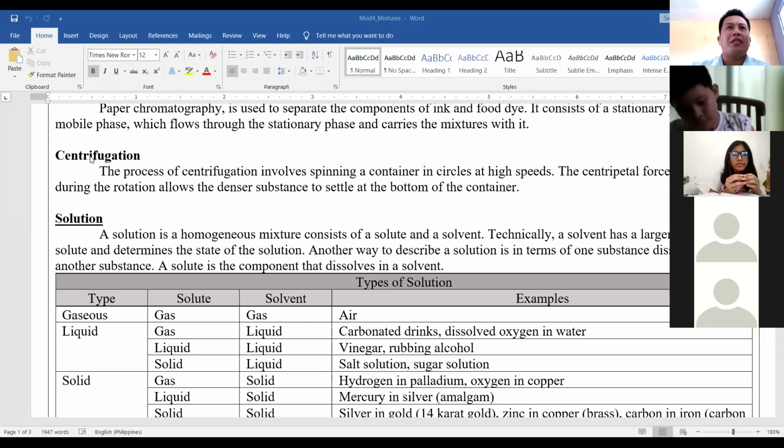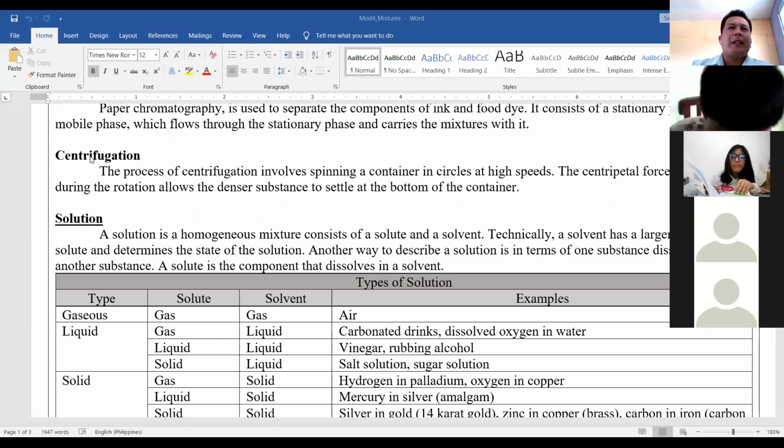You cannot do centrifugation on your own. Probably if you have a machine, or if you can spin the molecules or the mixture itself, you can do that. Centrifugation can be done in a high speed centrifuge, a high speed spinning machine.